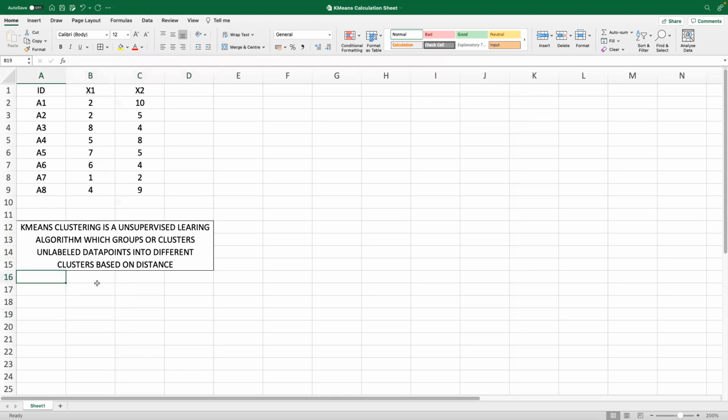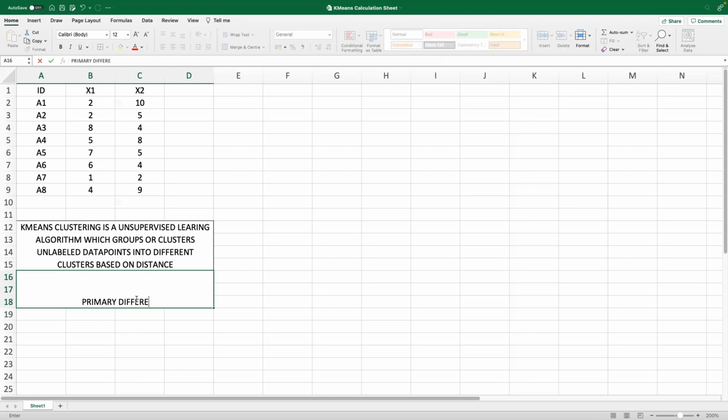Now, you might say KNN also does the same thing. The primary difference between KNN and K-means is that KNN requires a dependent variable.